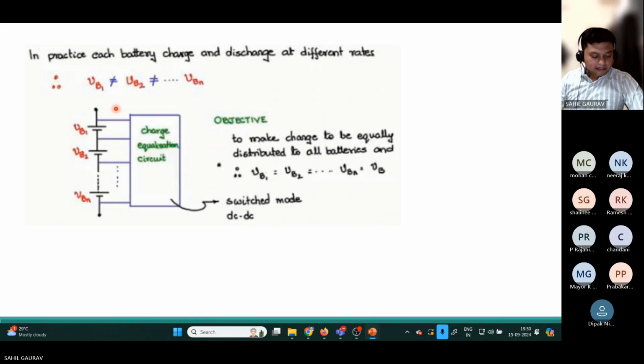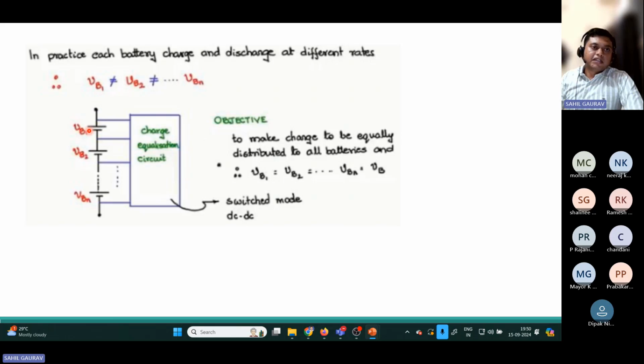There will be some differences in the battery voltage. So we have to do something to do the charge balancing. Here we use a charge equalization circuit.